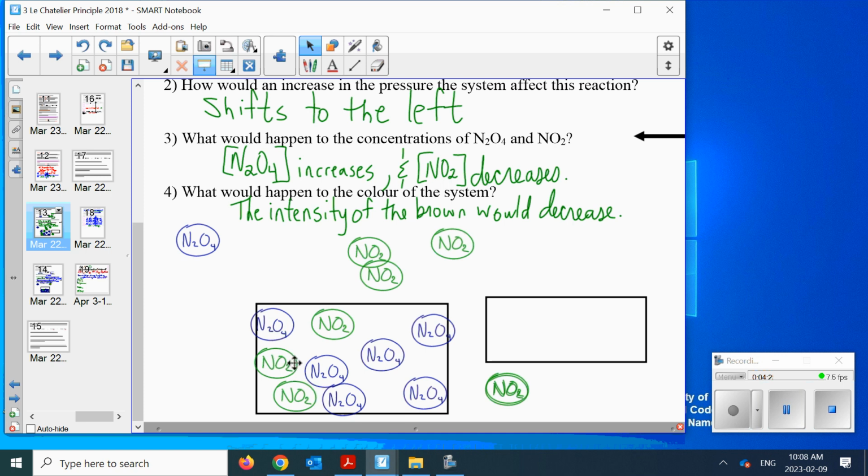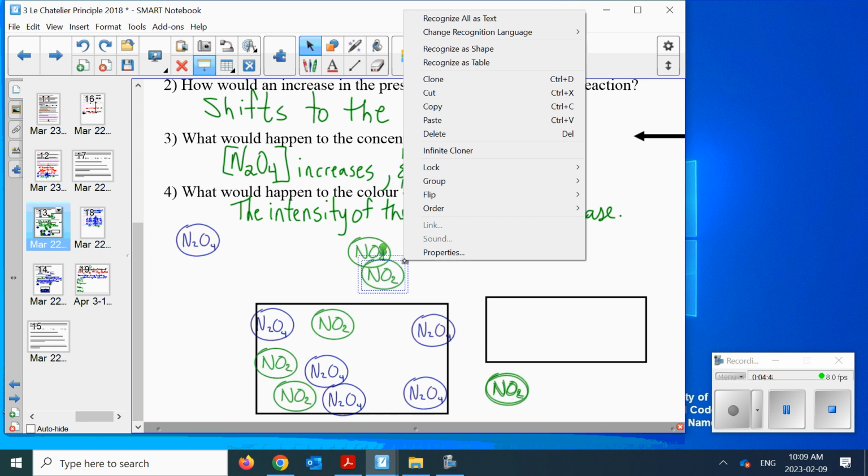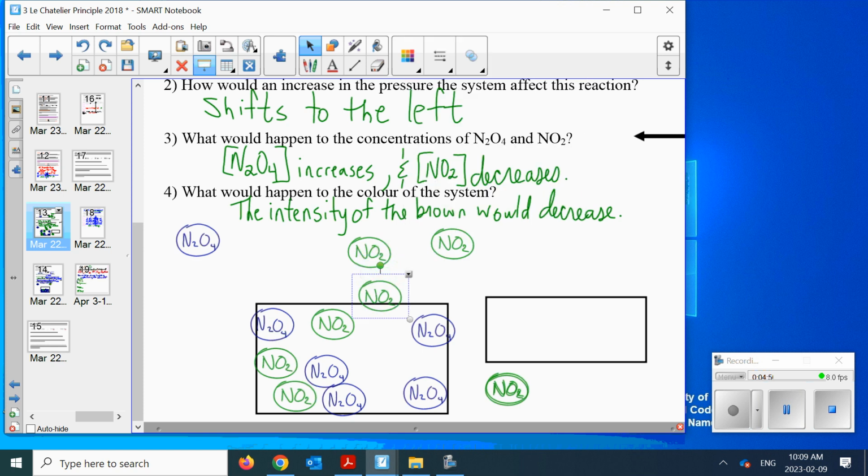That's once equilibrium's reached. But there's lots of space, so right now, until equilibrium's reached, these N2O4s will be colliding with each other or with the walls or with an NO2 possibly. Boom. And gone because it forms a couple of NO2s, right?